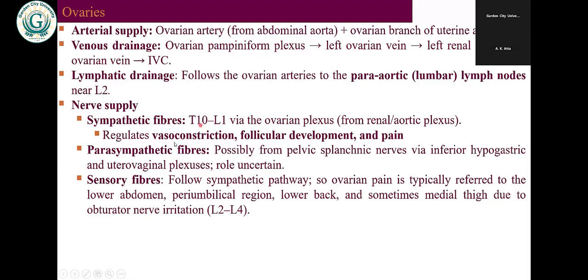Now, in terms of the autonomic innervation, the sympathetic fibers will be coming from T10 to L1.